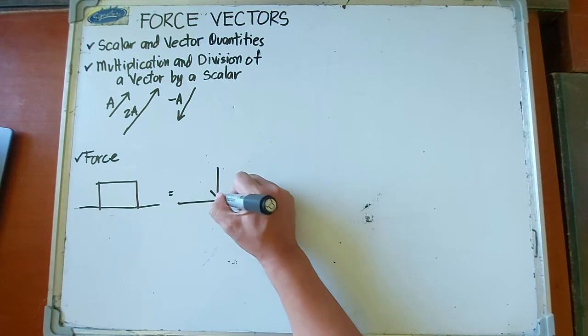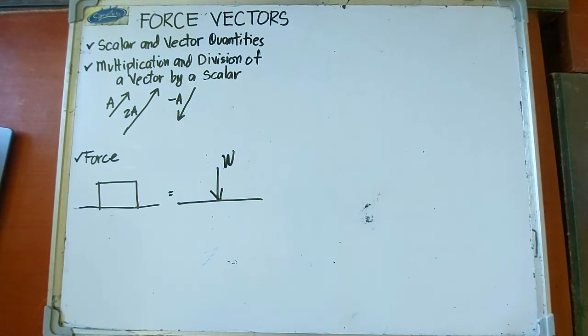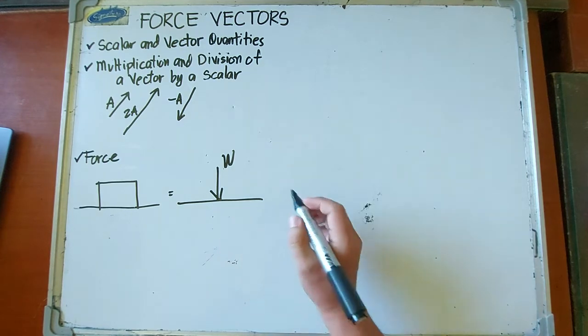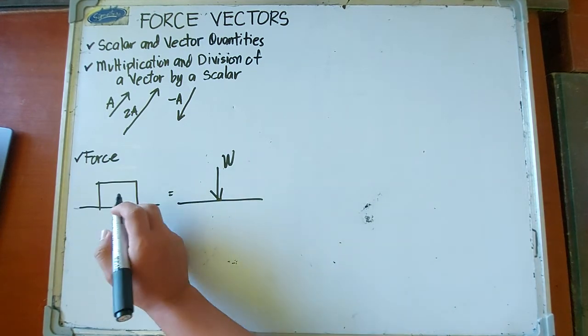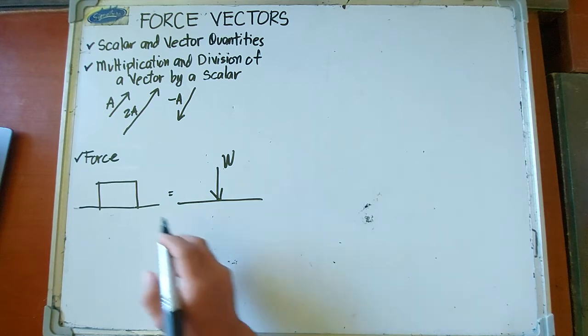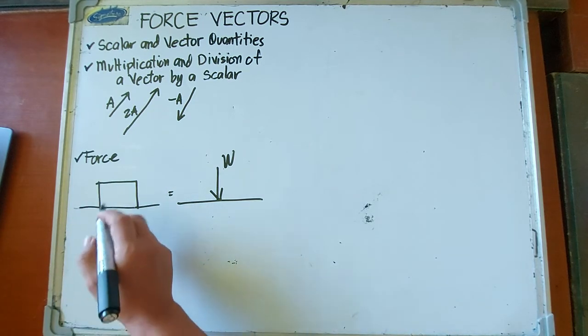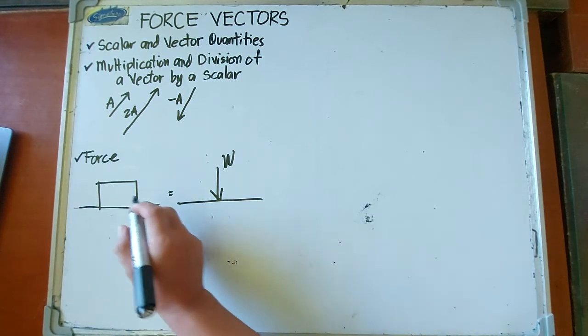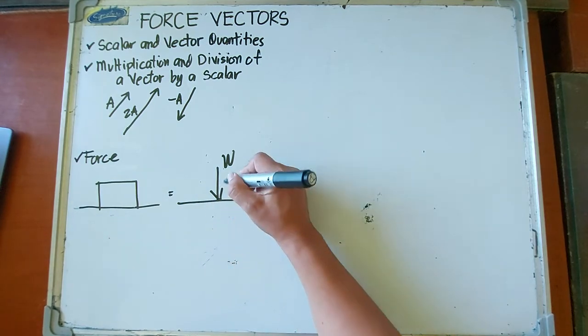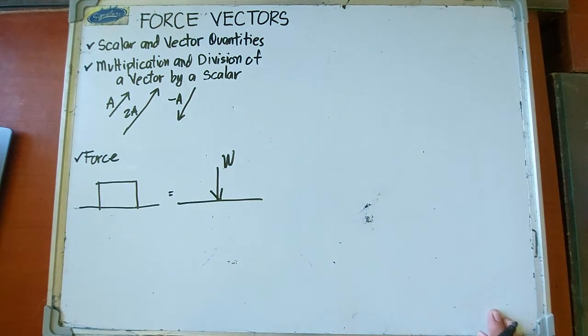I-represent natin yung weight ng box with a certain magnitude of a force. So we represent yung action ng box dun sa may ground or floor. I-represent natin yan using an arrow, force, to simplify the system.